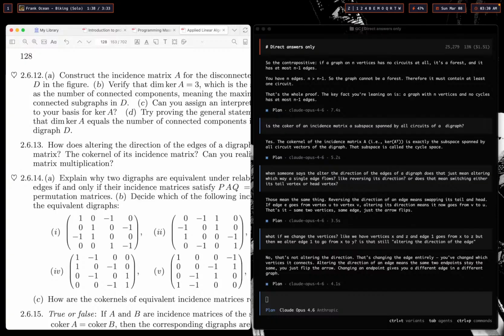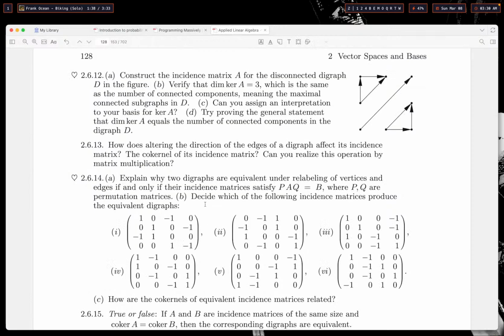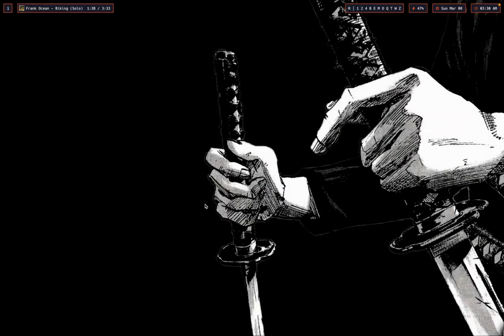Not the inverses, but like... So, to realize this alteration, I wonder, honestly.